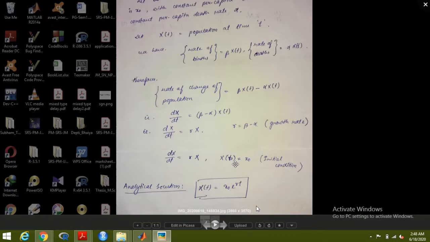You can also solve this problem analytically, and you will get the solution x of t equals x naught e to the power rt, where r is the rate and t is the time. So let us use MATLAB to solve this.